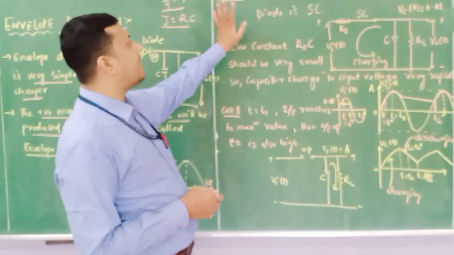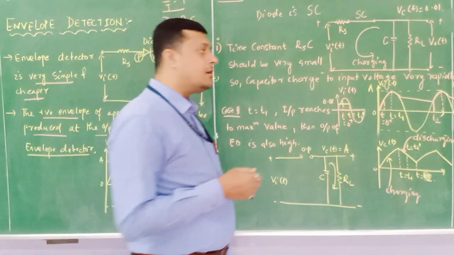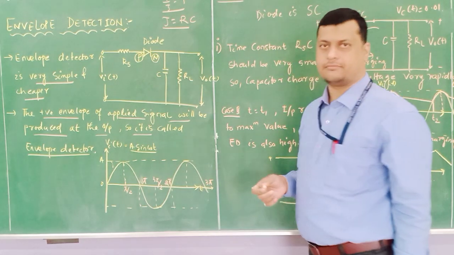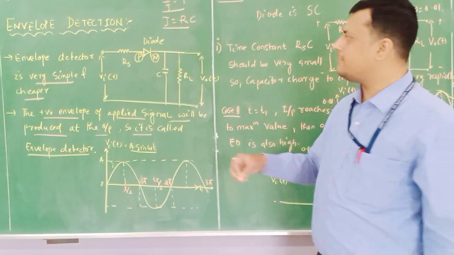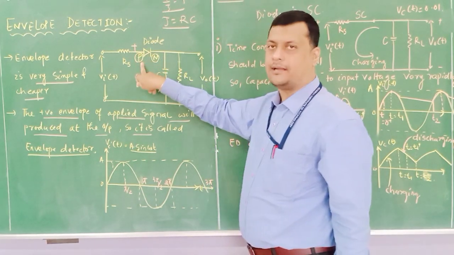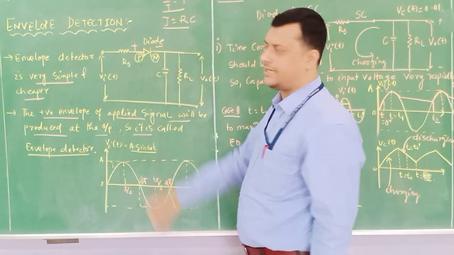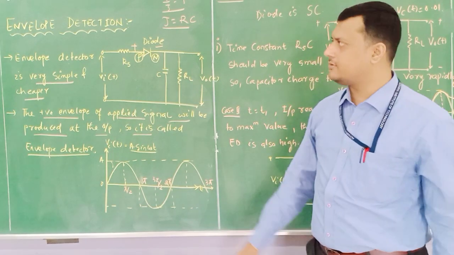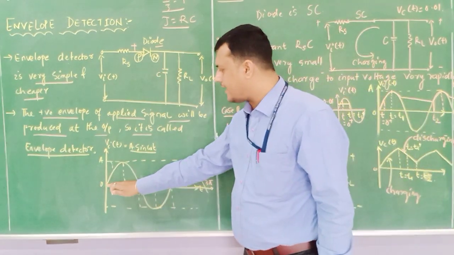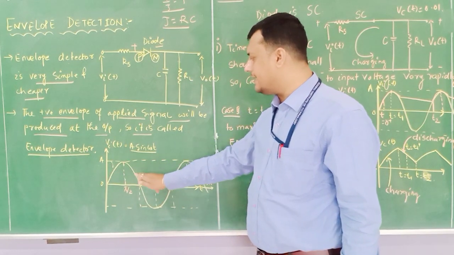So first, case 1. Since this is my diode, it will work in the positive half. That means when I provide positive potential to the P part and negative potential to the N part, it is a PN junction, then only it becomes forward biased. Now as you can see, my sinusoid signal is increasing, then it is decreasing.